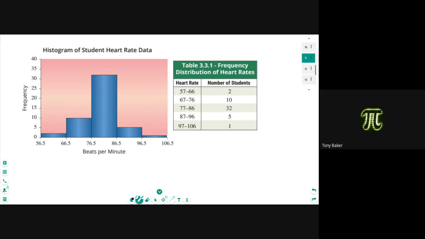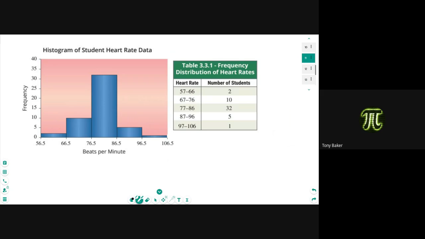So in this case, it was 56.5 to 66.5. Now, let's think about this for a second. What's my class width for that? What was my class width for this frequency table they gave me at the beginning? 10. What's 66.5 minus 56.5? It's 10.